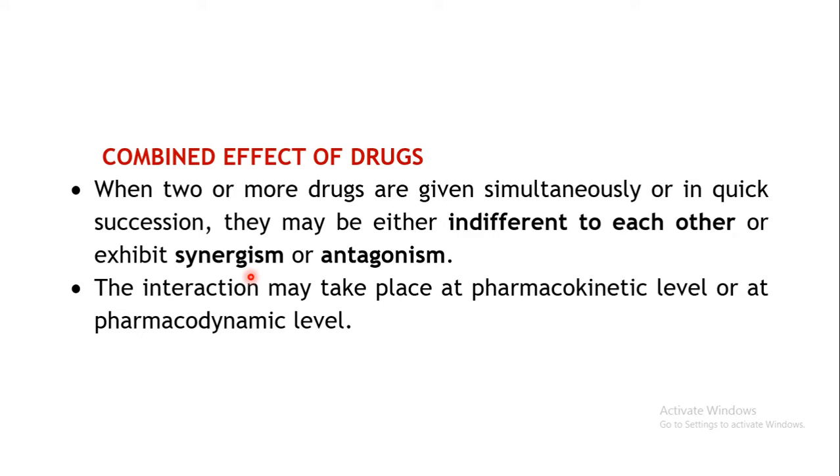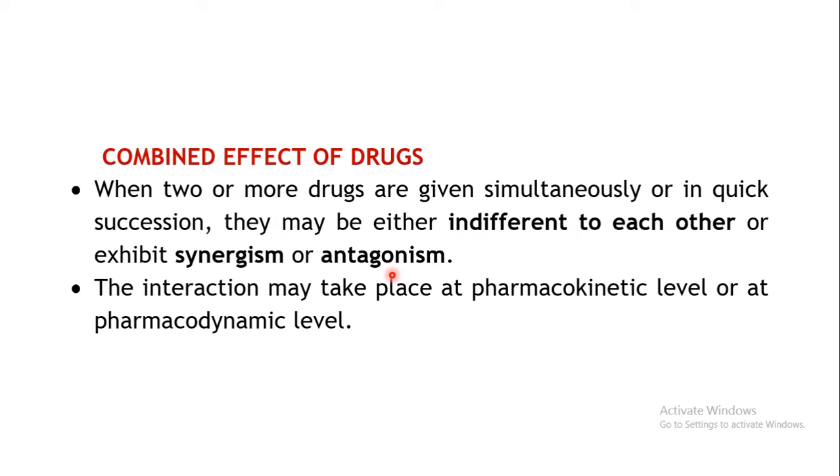Or one drug may enhance the action of the other. Another possibility is antagonism, that is, one drug may suppress, inhibit or reduce the effect of another drug, or it may totally abolish the action of another drug.